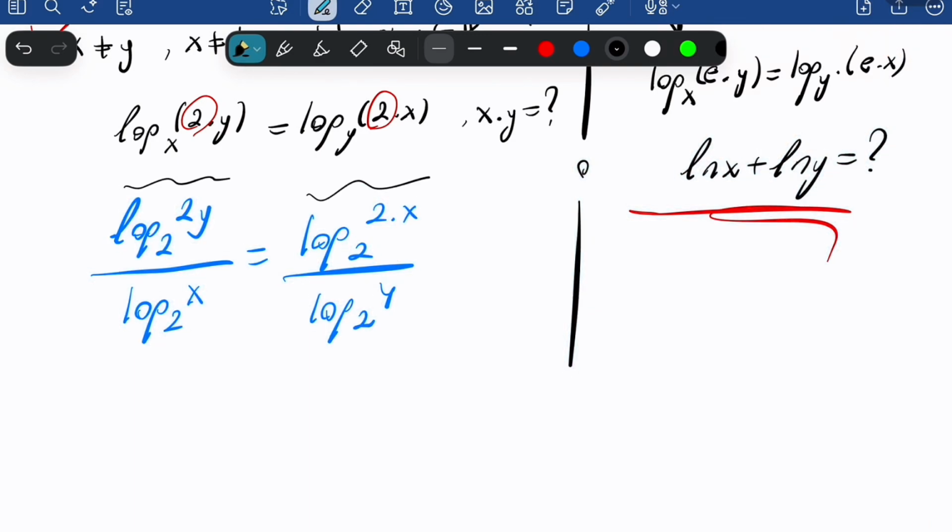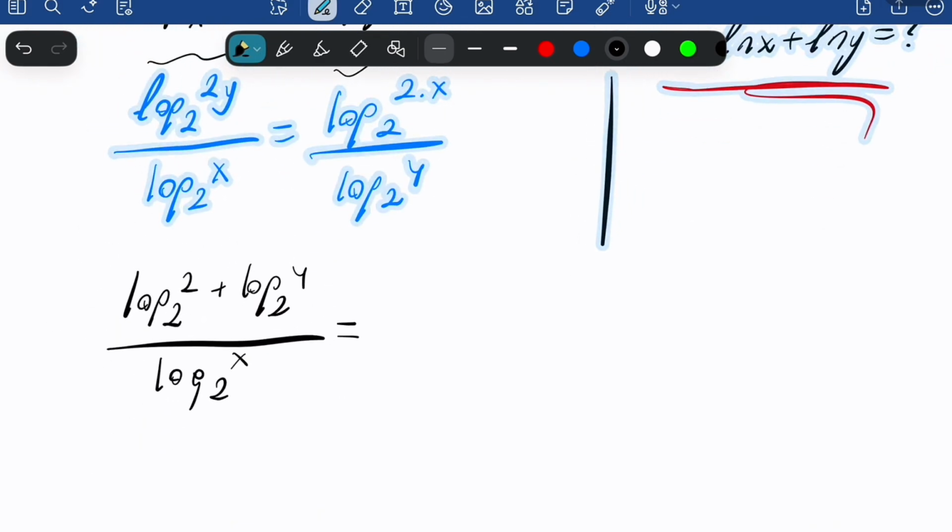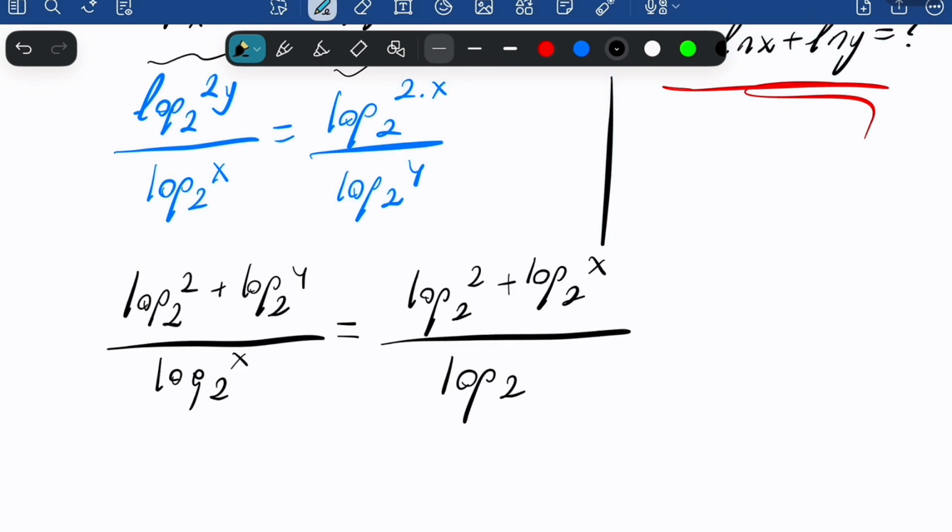So what do I mean? Log base 2 of 2 plus log base 2 of y, over log base 2 of x, equals log base 2 of 2 plus log base 2 of x, over log base 2 of y. We have converted the logarithms to base 2.